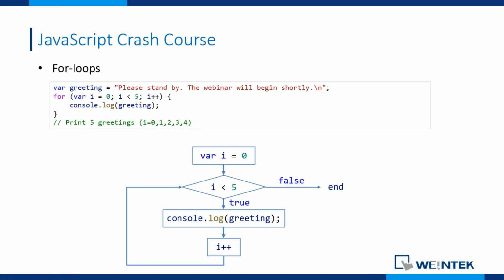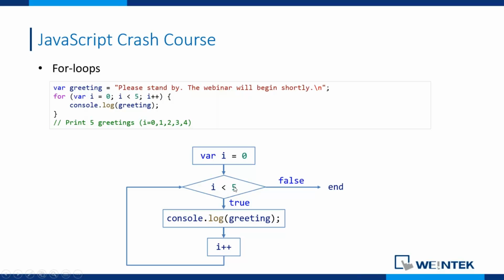And then using for loops. If I want to print this wording repeatedly, like you just heard several minutes ago, I can use a for loop. So in the for loop, I'll start from here: variable i equals 0, and go into the statement here.